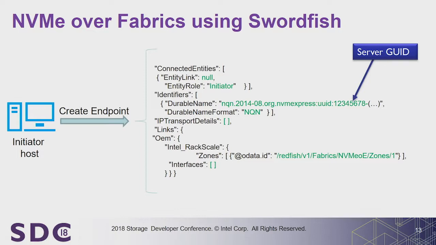The most important are the NQN, once again. In our implementation, we are using the server GUID as a NQN builder. This is important because we need to manage the initiator from the out of band, and the only thing that is shared between in-band and out of band is the system GUID that is generated by the BIOS.